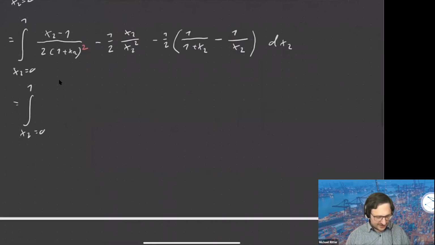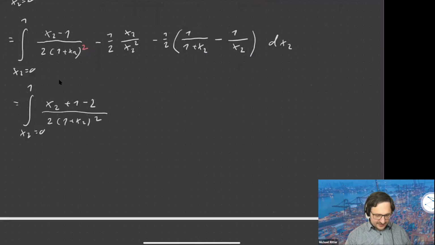Or things won't add up at the end. So I'd like to have an x2 plus 1 in the numerator so that I will be able to cancel out one of those, and then hopefully be able to combine it with this term here. It has the same denominator then. So what I'm going to do is I'm going to reformulate that as x2 plus 1 minus 2 instead of x2 minus 1, over 2, 1 plus x2 squared.